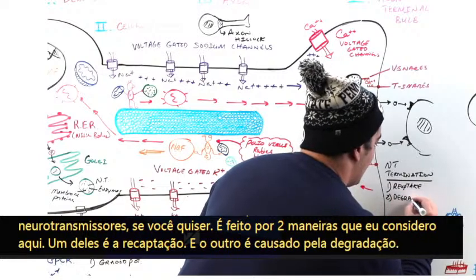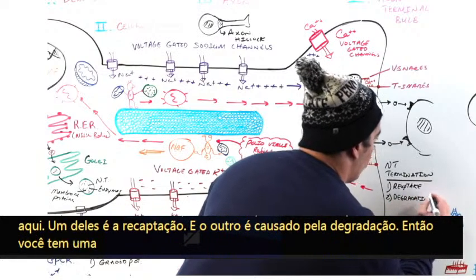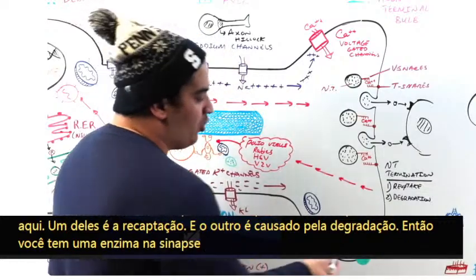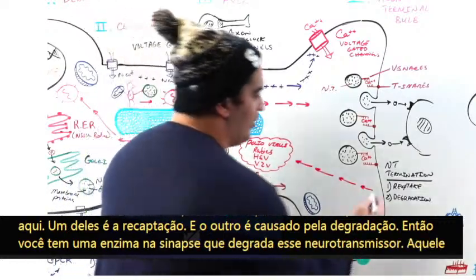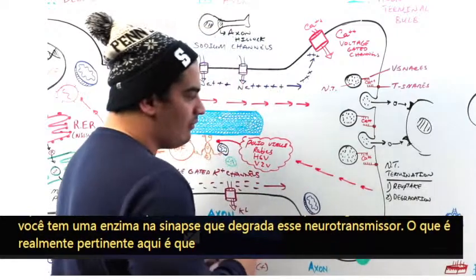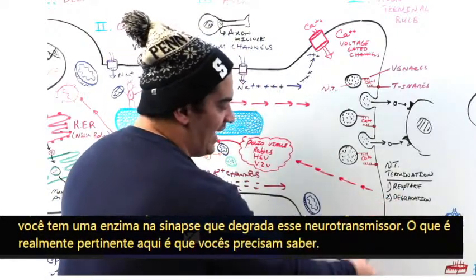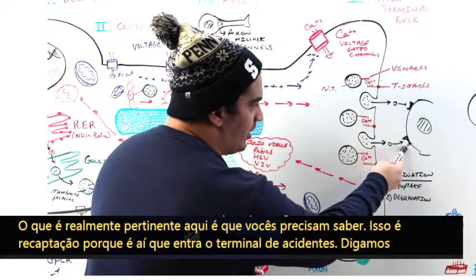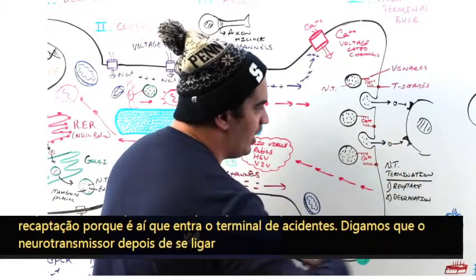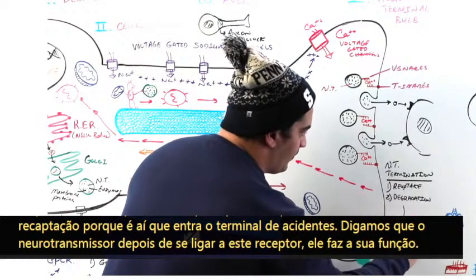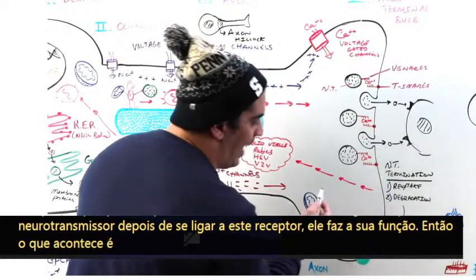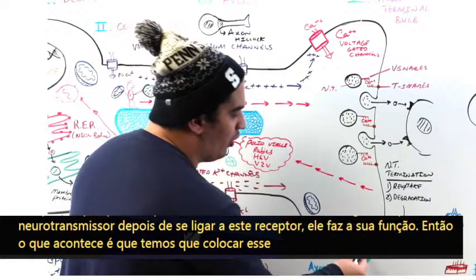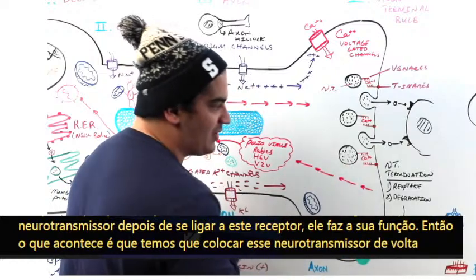So you have an enzyme sitting in the synapse that degrades that neurotransmitter. The one that's really pertinent here that you need to know is reuptake, because that's where the axon terminal comes in. Let's say that neurotransmitter, after it binds with this receptor, does its function. Then we have to get that neurotransmitter back into this axon terminal to incorporate it back into this vesicle.